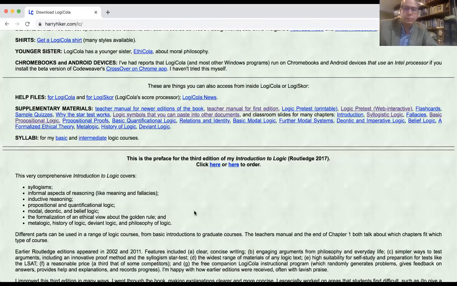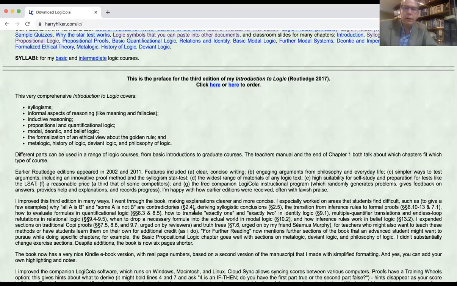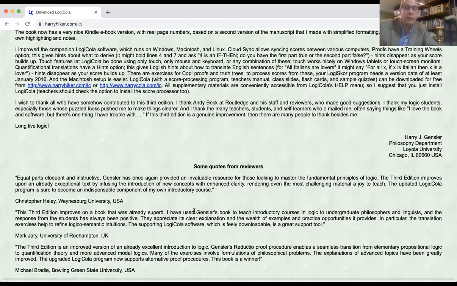Okay, so I want to rejoin Gensler, roughly where we were last time, using the slides. So let me share my screen. Okay, so using the supplementary materials that are found on the page.